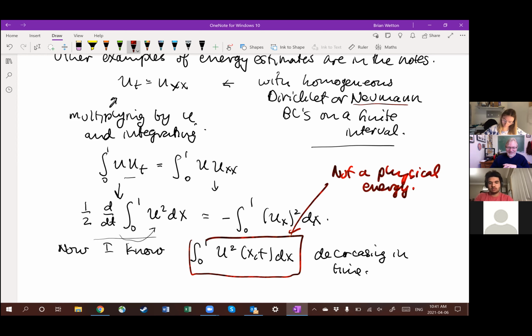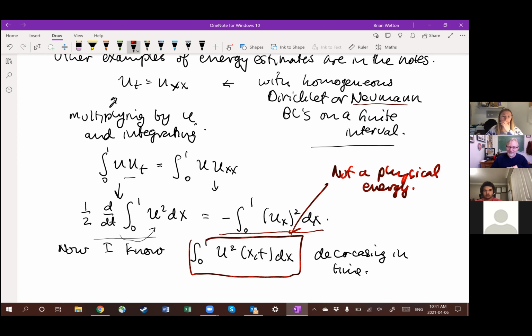It's hard to say what this is for a thermal system, but mathematically it's something that is called an energy estimate anyway. That quantity is decreasing in time at this particular rate, and importantly, it's a quantity that's smaller at later time than it is at initial time.